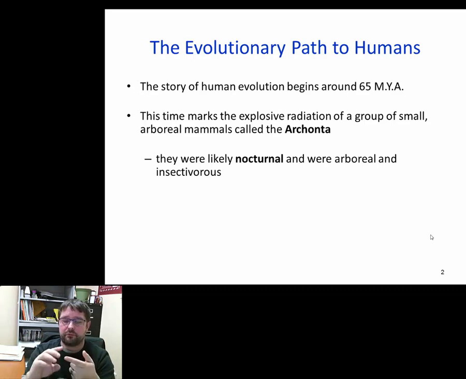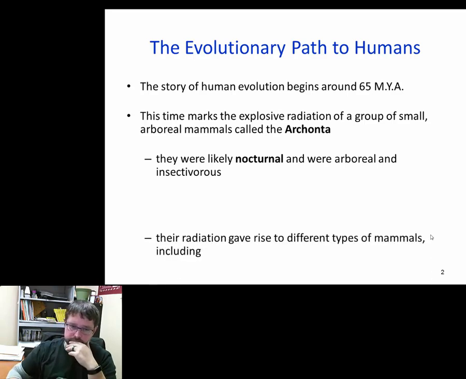So there's a couple things that we'd be looking for. If it's nocturnal, you know that it has large eyes. We know that from other species that are nocturnal. Arboreal means it probably has either grasping hands or at least a grasping tail. If it's insectivorous, okay, it means that it probably has puncturing teeth.